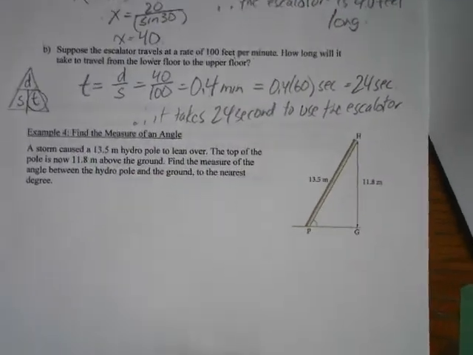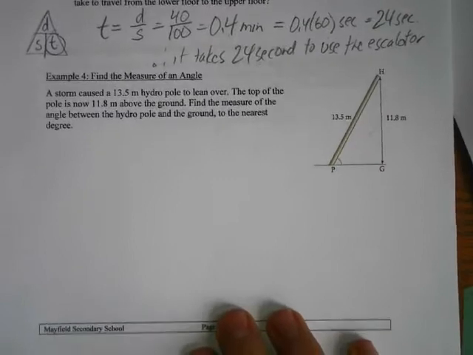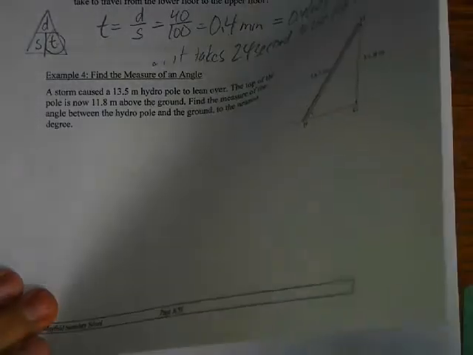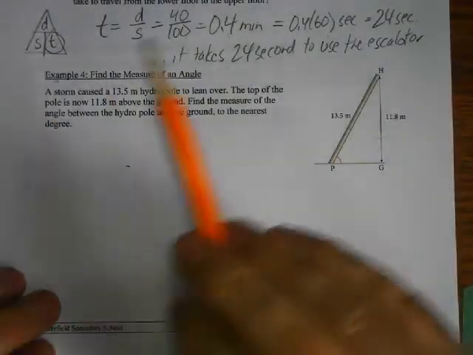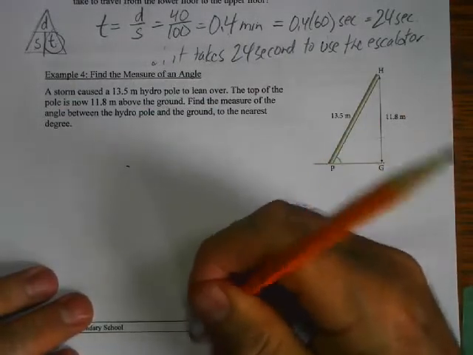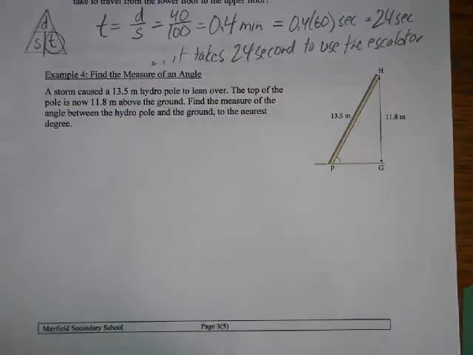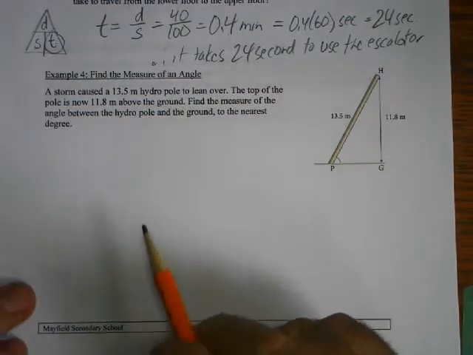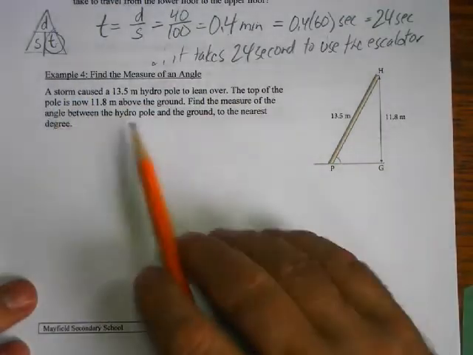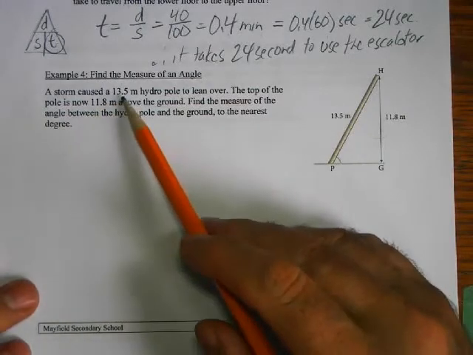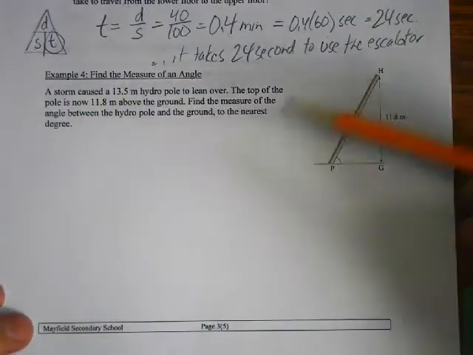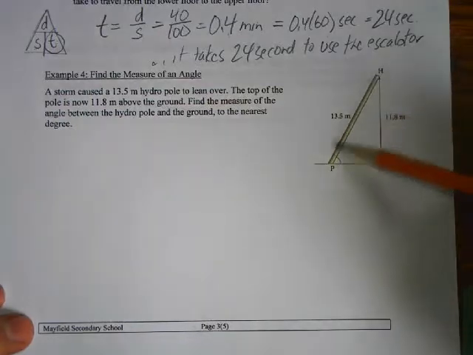Hopefully you're seeing the pattern here. So far we've got pictures of triangles in every single question. That happens a lot, but not all the time. In this question, a storm has caused a 13.5 meter hydro pole to lean over. So there's the pole, it's obviously leaning.